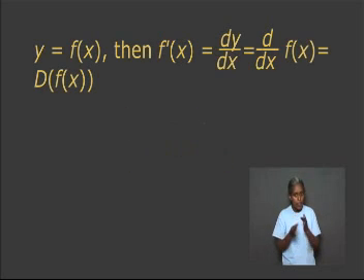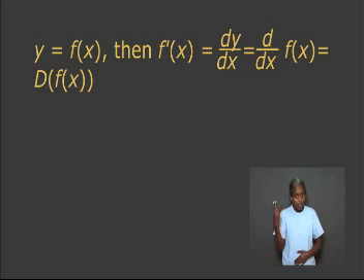If y equals f of x, then f prime of x equals dy by dx, d by dx of f of x, and d of f of x. These are all different notations to express the same relationship.